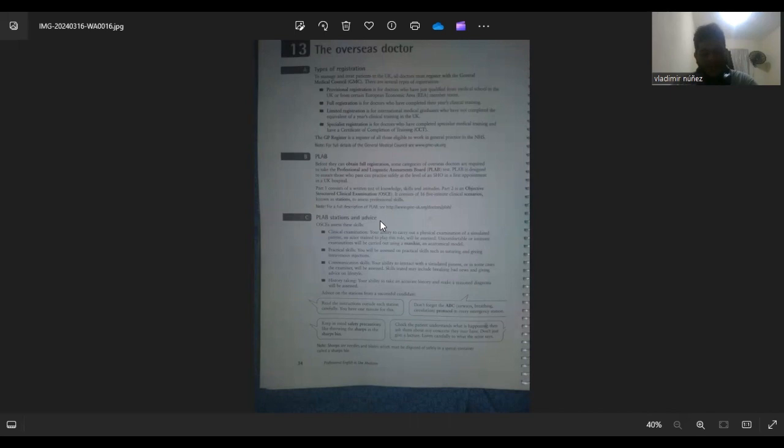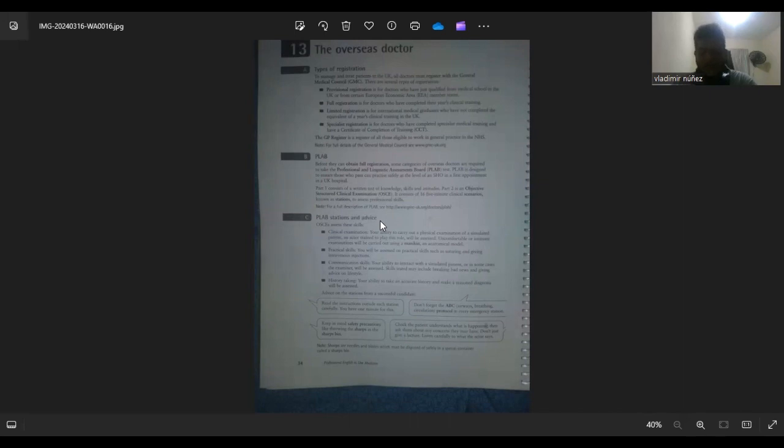PLAB. Before they can obtain full registration, some categories of overseas doctors are required to take the Professional and Language Assessment Board (PLAB) test.